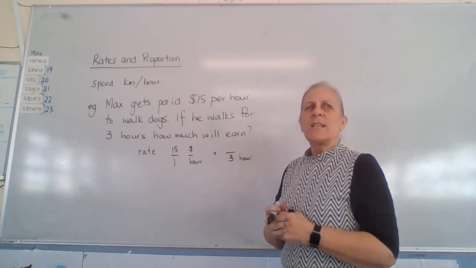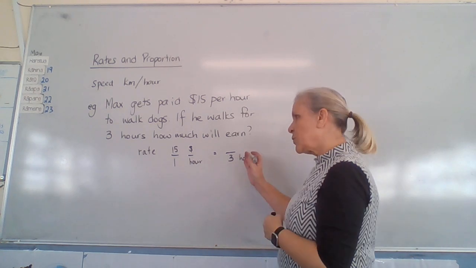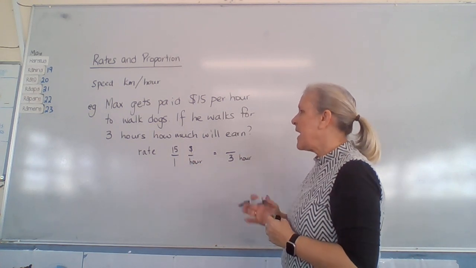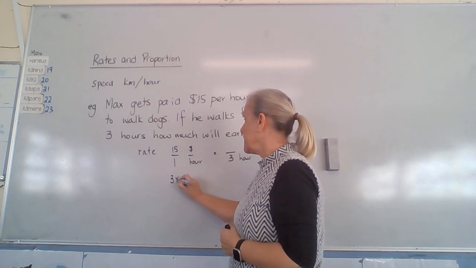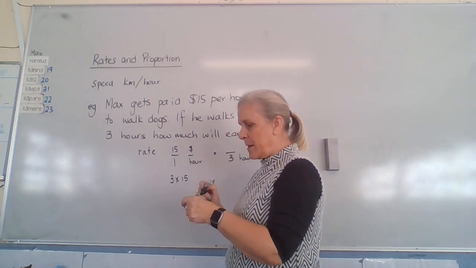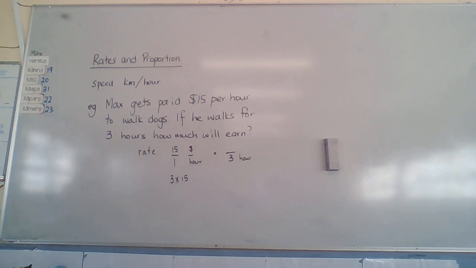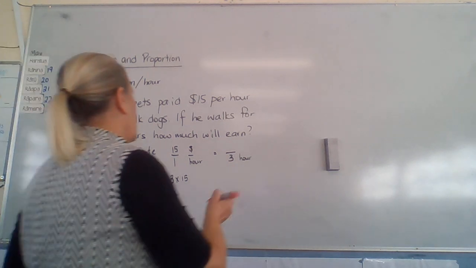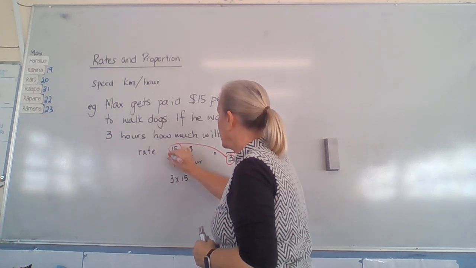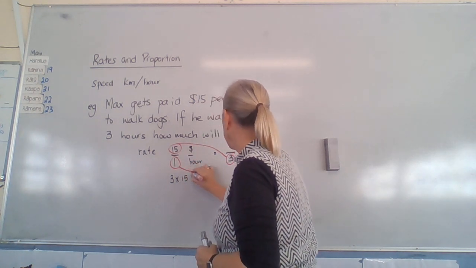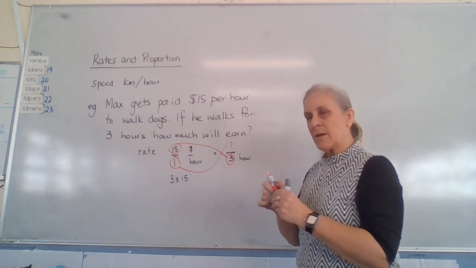All right? So if we don't know it's 45, which we do, what we have to do is we have to multiply it. So we go 3 times 15, that's this number, times this one, is going to equal this one times our question mark.